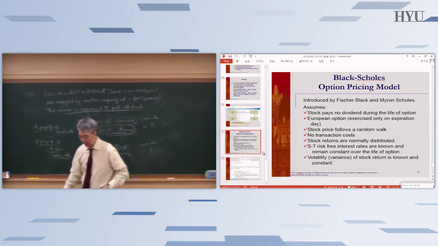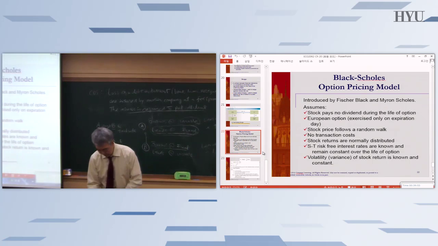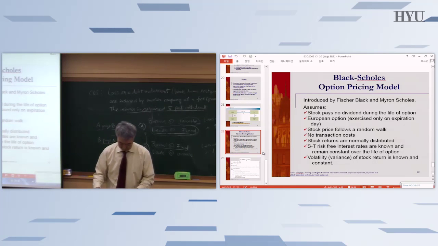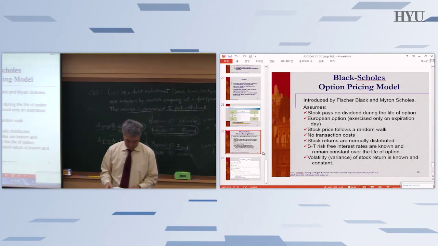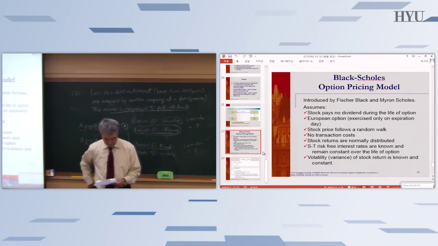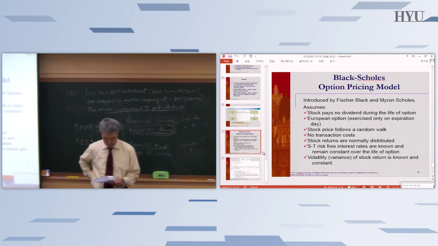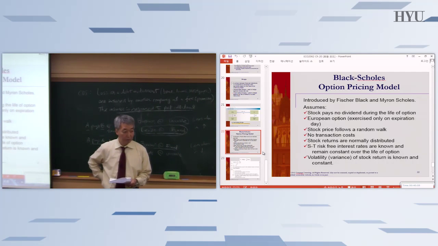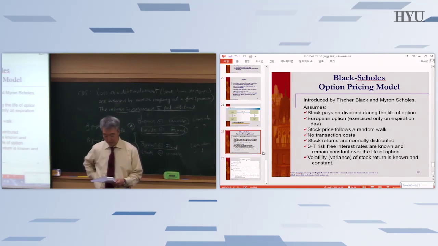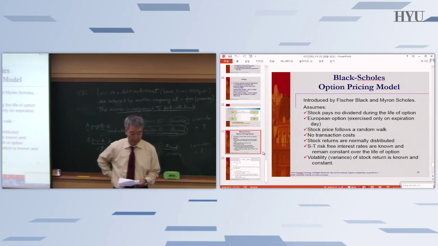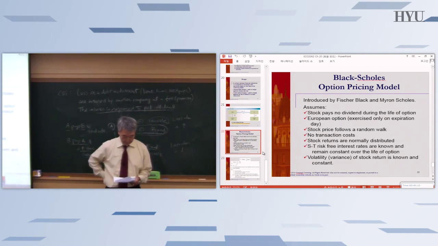If you read the question, it says sometime between 7 a.m. and 10 p.m. on December 8th. Why do I require you to get this information between 7 a.m. and 10 p.m.? Because that's the time when the market is closed in the United States.